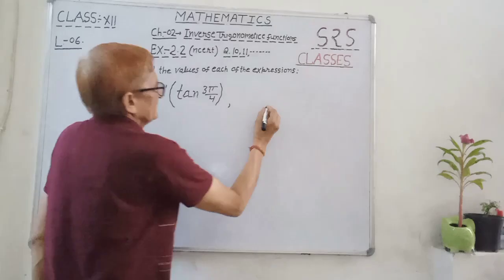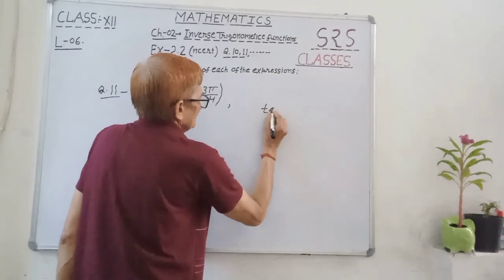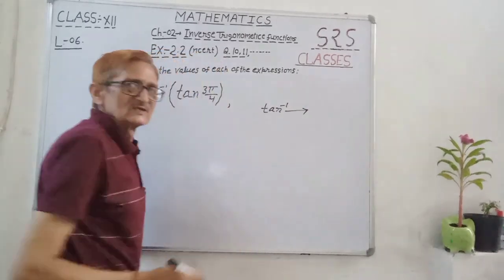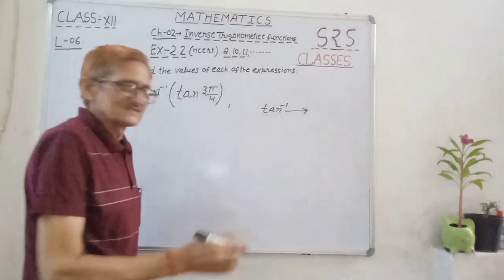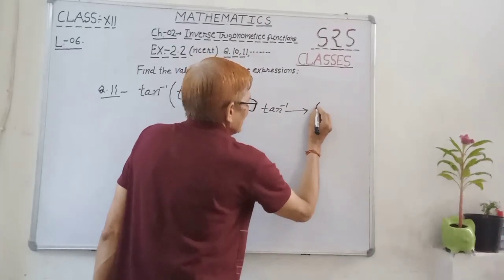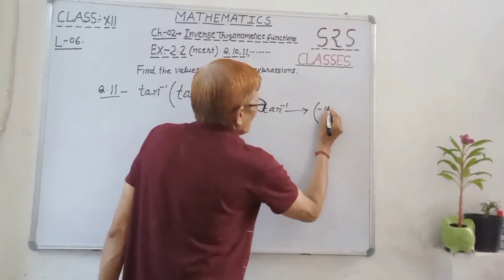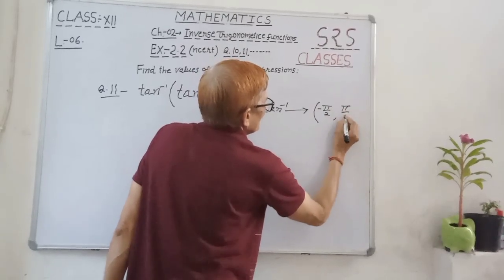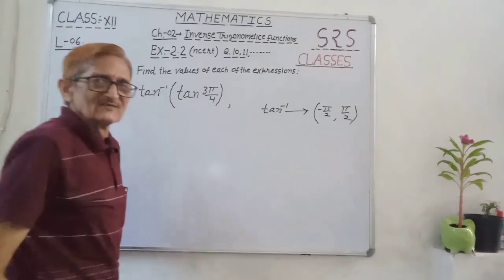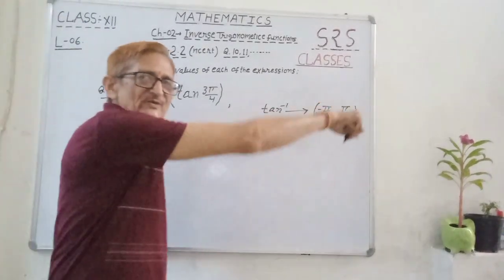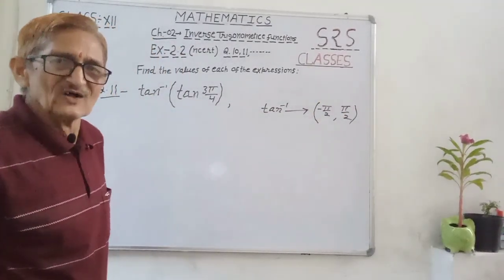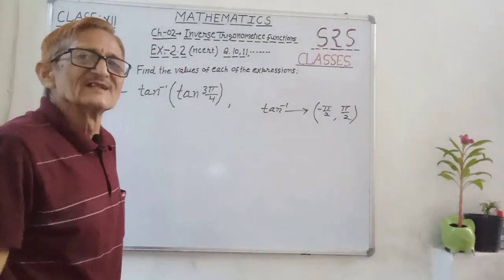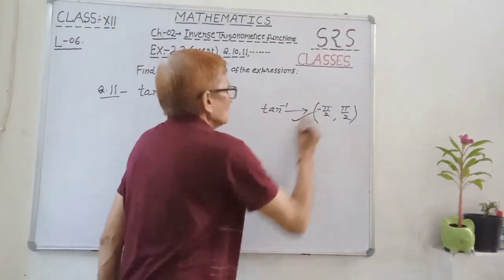What is the branch of tan inverse? The output range of tan inverse is the open interval minus pi by 2 to pi by 2, excluding minus pi by 2 and pi by 2, with all real numbers in between. This is the range branch of tan inverse.